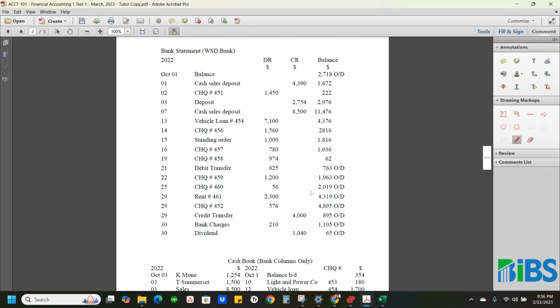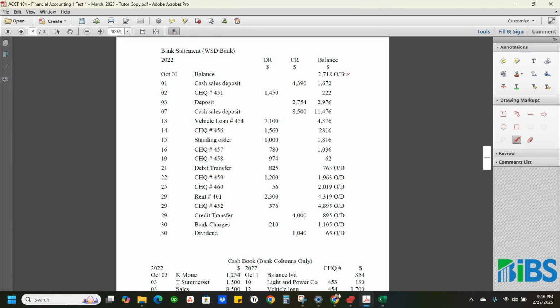And we're going to circle any transactions that we find in our bank statement that are not in our cash book. Then we can clearly identify what information we have and where it's supposed to go in one of those three parts.